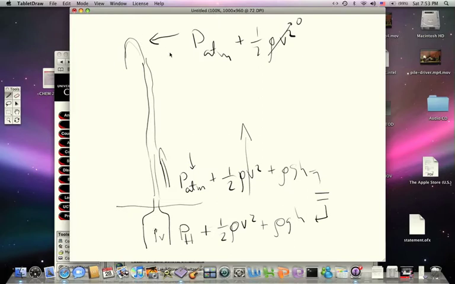We're basically at zero at the top. Then, because the pressures are the same, what you're doing is converting kinetic energy into potential energy. And so the height that it goes up into the air is just determined by the initial kinetic energy, assuming that the initial height is zero.